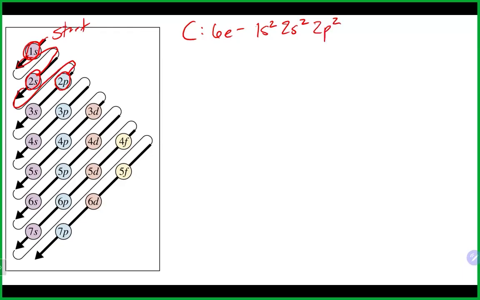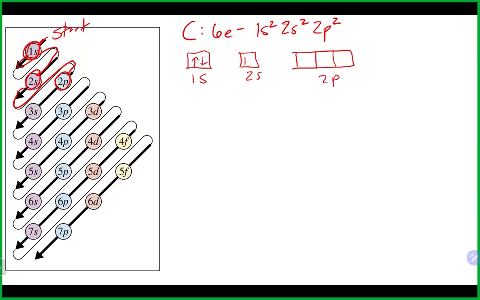Again, if you just count the top numbers, 2, 4, and 6, which is the 6 electrons, I am now up to 4 electrons on the second energy level and 2 on the first energy level here. Again, if you want to look at the picture of the orbital diagram, it looks something like this.